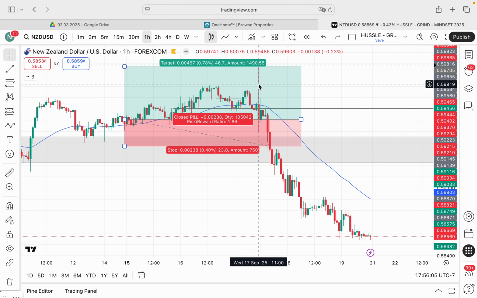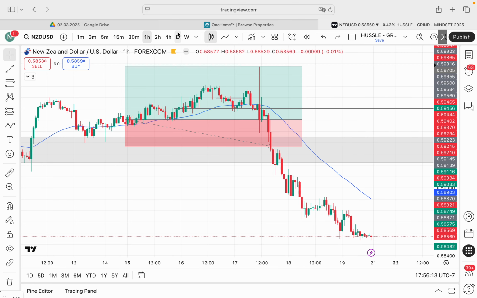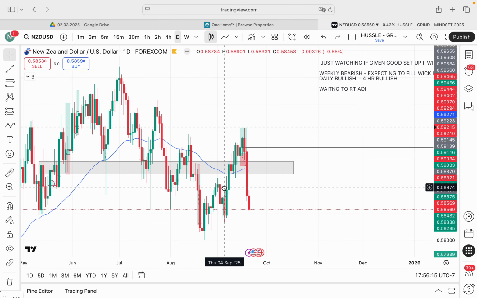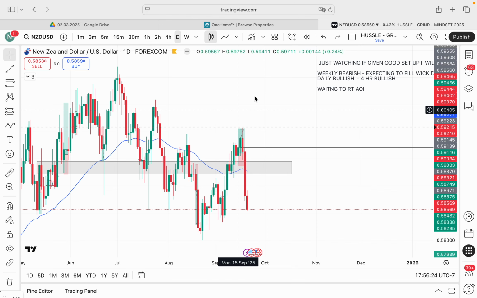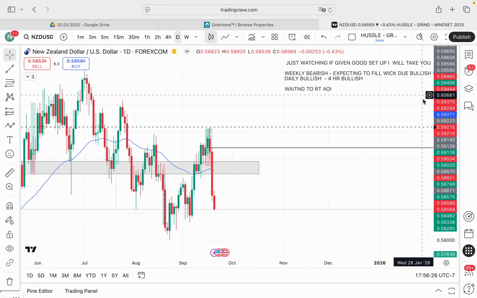I do have 2 pairs already played out, so I close it with profits. So NZDUSD, almost 1 to 9. I close it with profit, so we're all good.